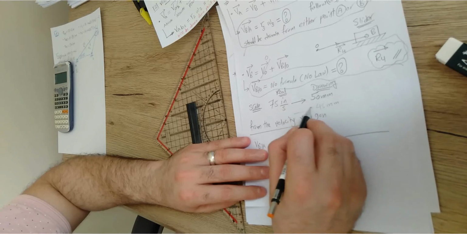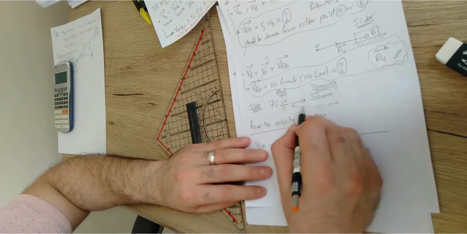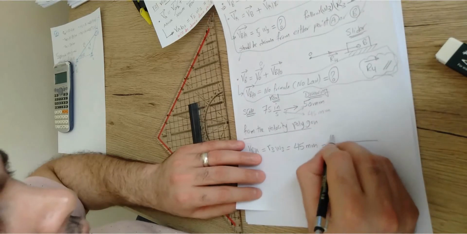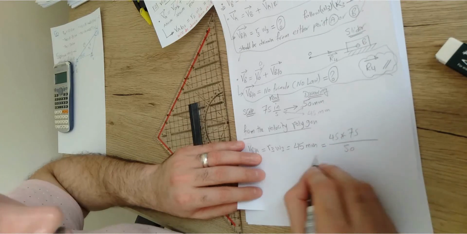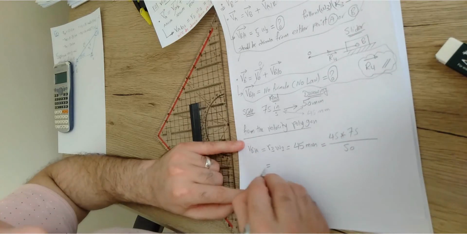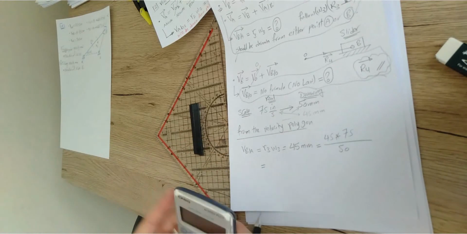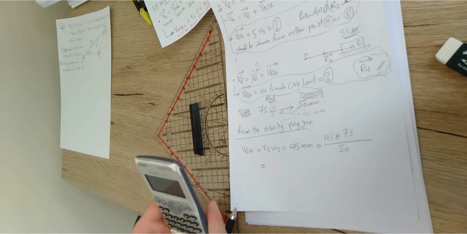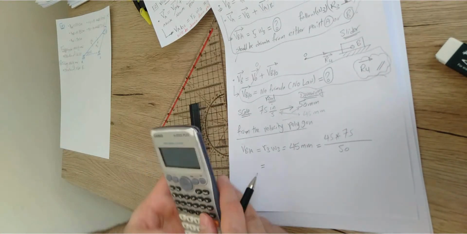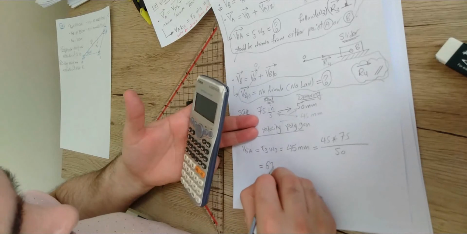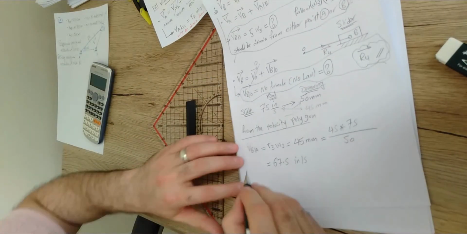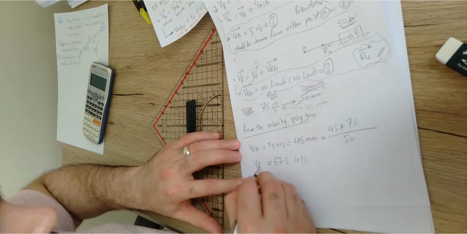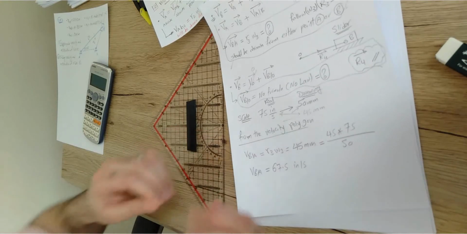So what should be? It should be 45 times 75 inches divided by 50. This should give us the VB relative to A, the magnitude, 67.5 inch over second. Make sense? So we got here the VB relative to A vector, or the magnitude.